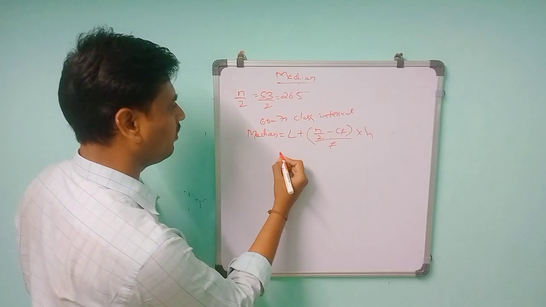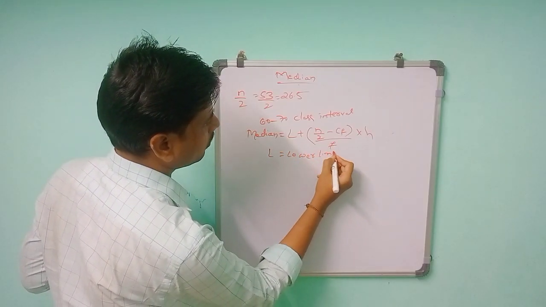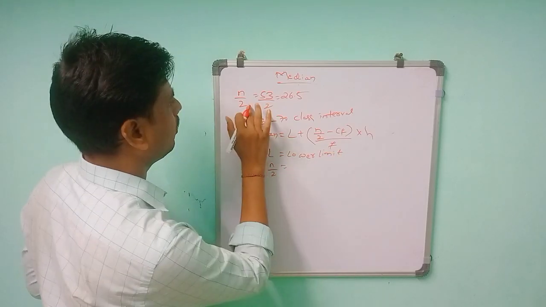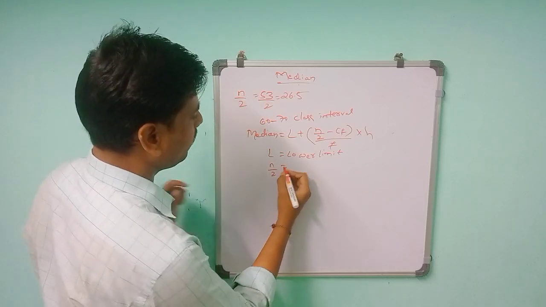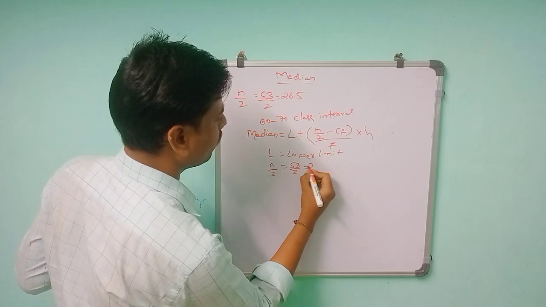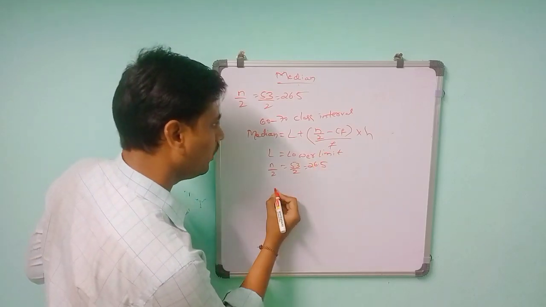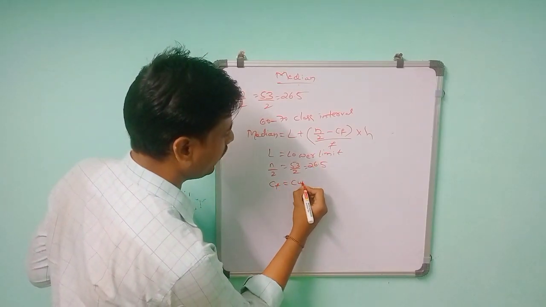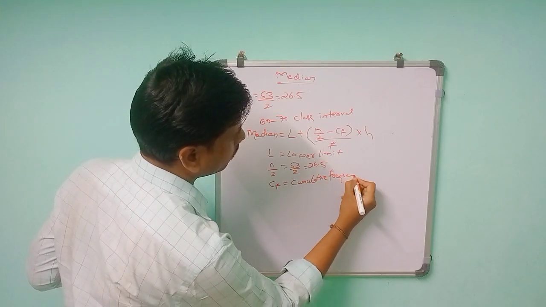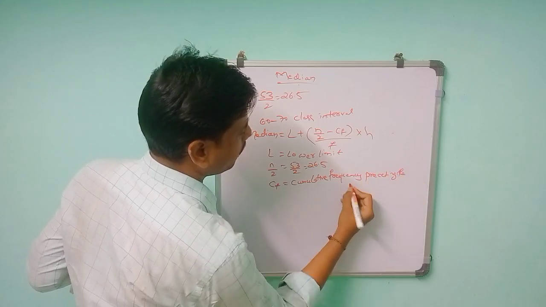In the median formula, L means the lower limit. n by 2: n is the total frequency, here 53, so 53 by 2 is 26.5. n is the number of observations. Then Cf is the cumulative frequency preceding the median class.